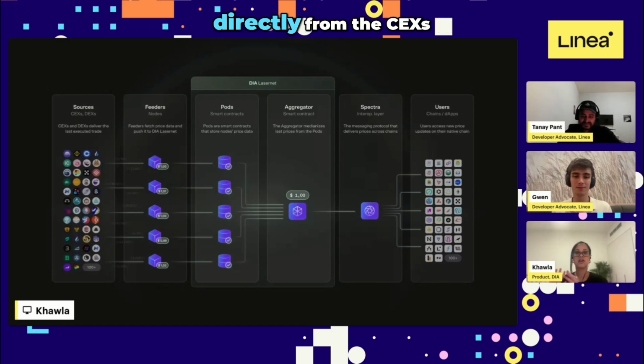That is directly from the CEXs and the DEXs where the asset is being traded, rather than sourcing it from a third-party aggregator, like CoinGecko or CoinMarketCap. We go directly to the sources. All these feeders in the DFN, the distributed feeder network, scrape data and then submit it to their dedicated smart contracts on Dia LaserNet.